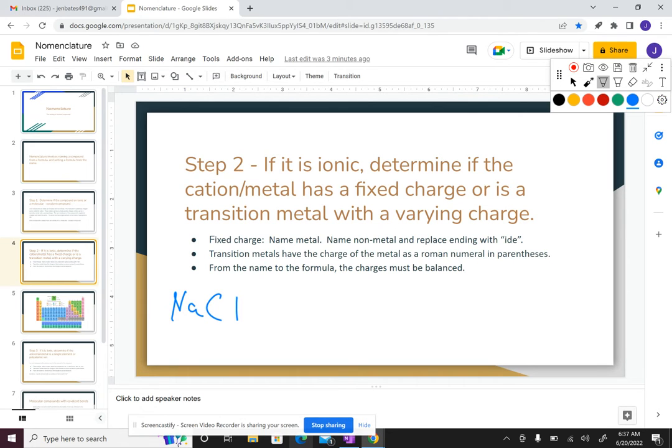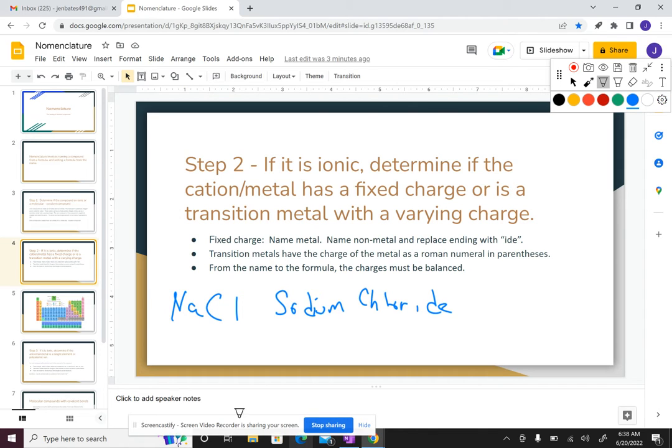NaCl. To name this compound, you simply name the cation, which is sodium, and then you name the anion, but instead of chlorine, we would change the ending to IDE. So it would be chloride.